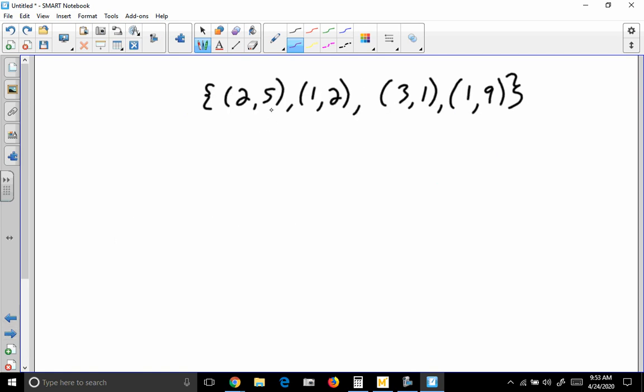Same thing here. If we want to list the domain and the range, for the domain, those are the x's, and if you ever get that backwards, domain comes before range alphabetically, x comes before y.